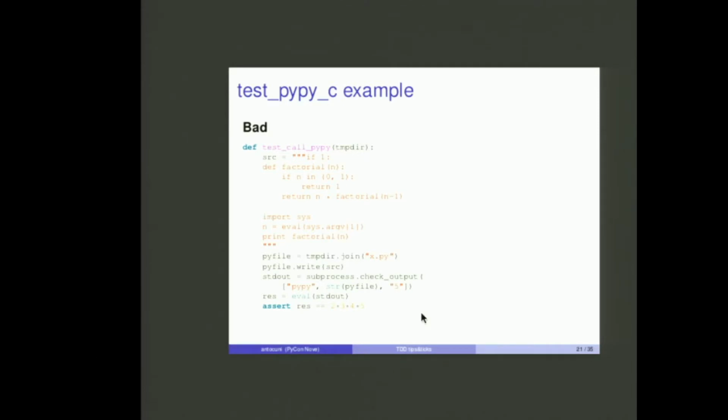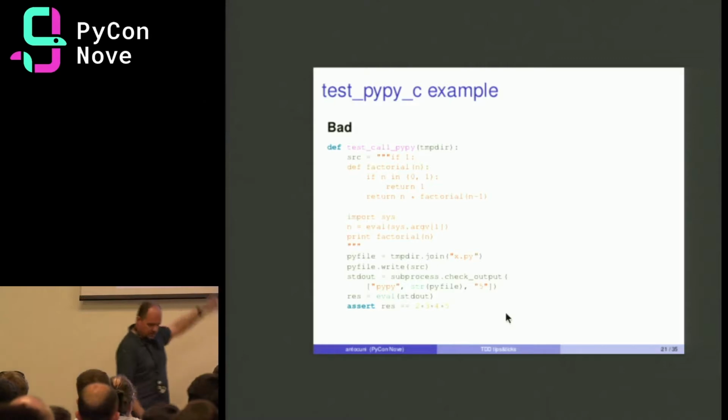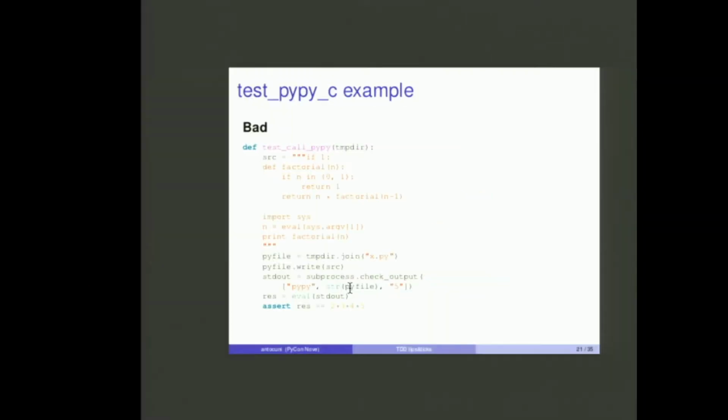One way of doing it is this. I write my snippet of Python code inside a string. Then I create a temporary directory, I create a temporary file, I execute a subprocess. Here, I execute the subprocess calling PyPy and the file I just wrote, passing parameters. Here, I have to convert the parameters from strings, because it's a subprocess, to integers and so on.